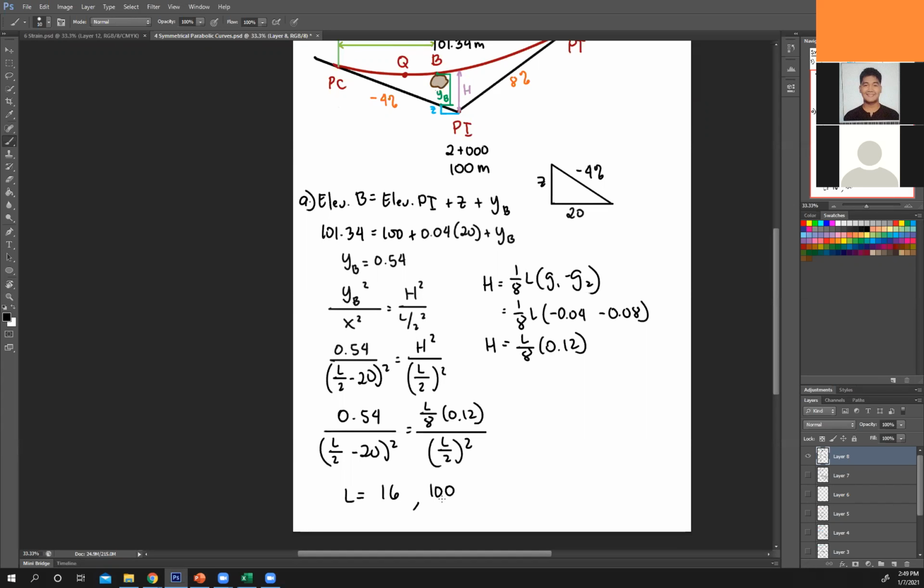What's the final answer? Is it 16 or 100? What is the total length of my parabolic curve? 16 or 100? Everyone, answer. Correct, 100. I'm going to use this.